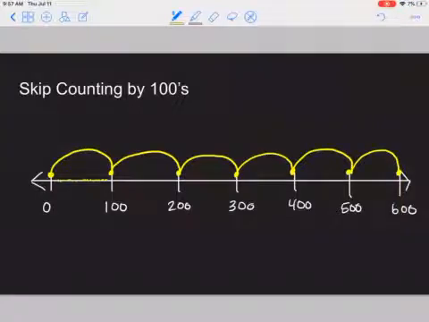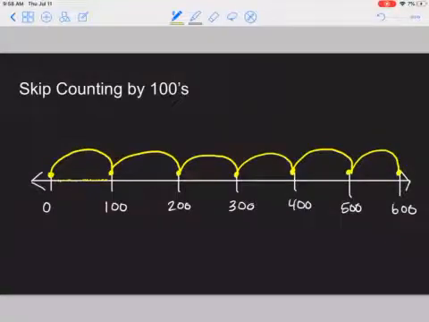We're skip counting by 100s. This is a quick way to group numbers together and see how to help us count more quickly. If we were counting pennies, and let's say we had 600 of them, it would take a really long time to count them all one by one.